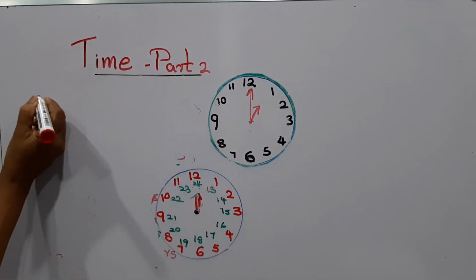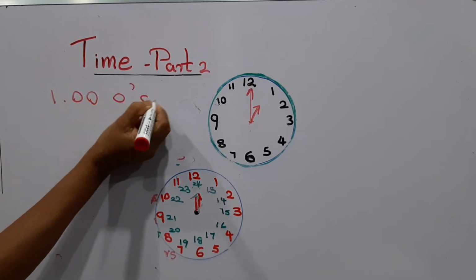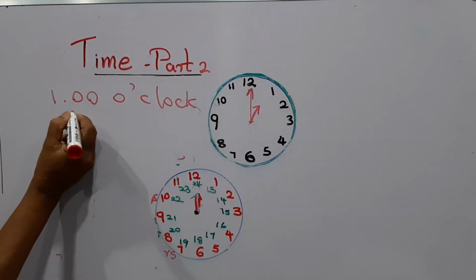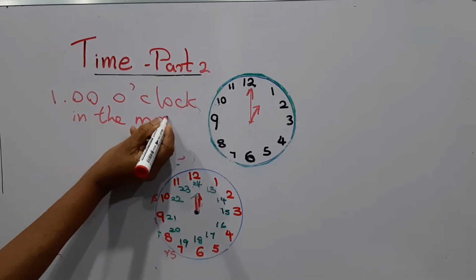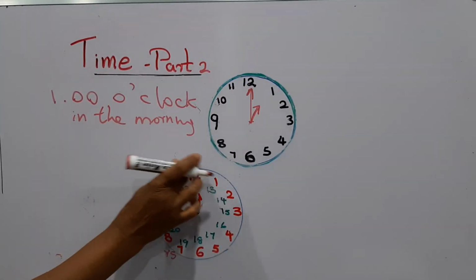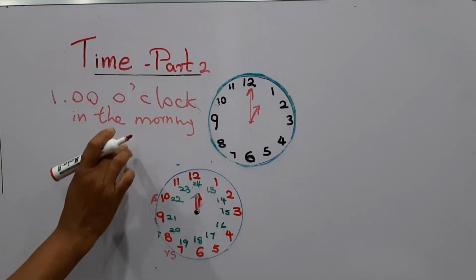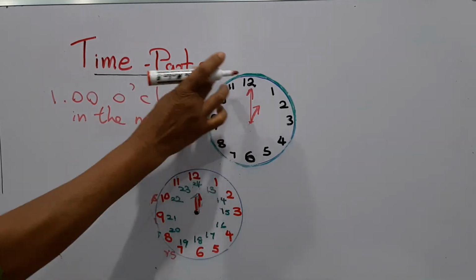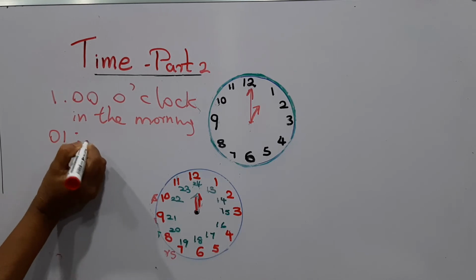That is, the time is 1 o'clock. We'll think 1 o'clock in the morning. Then how are we going to write this in digital time? That is the standard time we use. Yes, 1 o'clock in the morning we are writing like this.